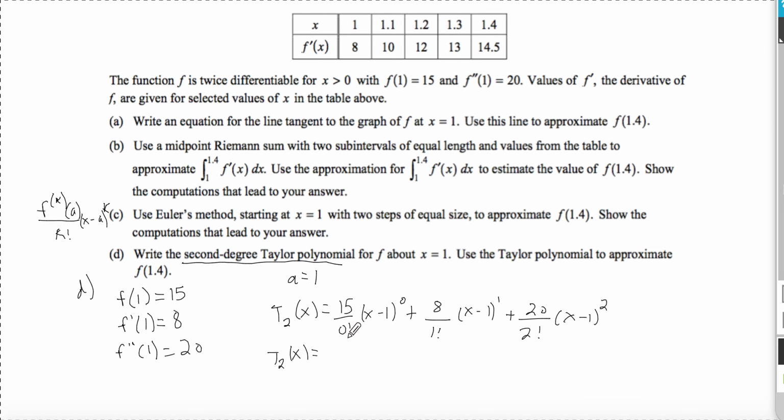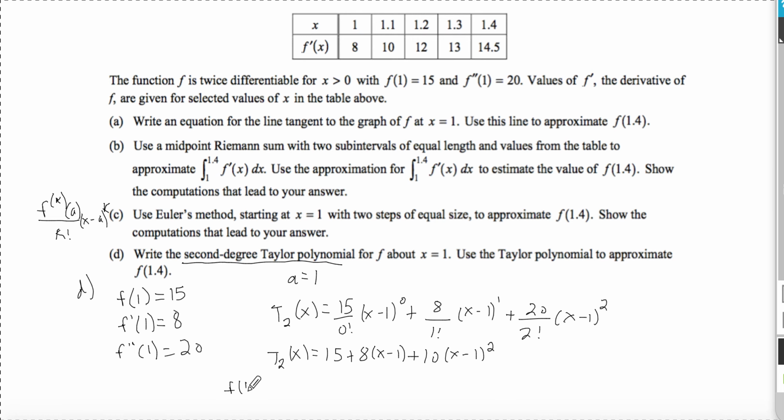So 15 divided by 1 times 1 is 15, plus 8 divided by 1 times x minus 1 is 8 times x minus 1, plus 20 divided by 2 factorial is just 2, so that's 10 x minus 1 squared. So there is my second degree Taylor polynomial. And now I need to use it to approximate f of 1.4.